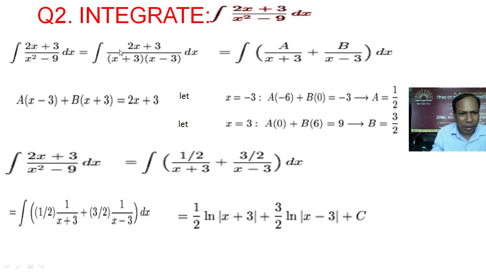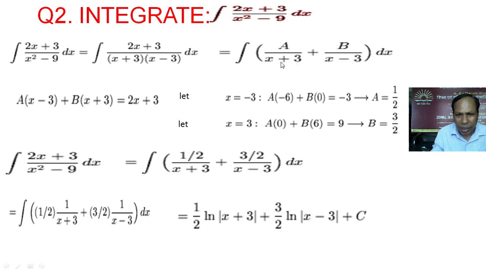Now it is the product of two linear factors with the condition that degree of numerator is less than degree of denominator. So we apply partial fractions and we assume that 2x plus 3 by x plus 3 into x minus 3 is equal to A by x plus 3 plus B by x minus 3.